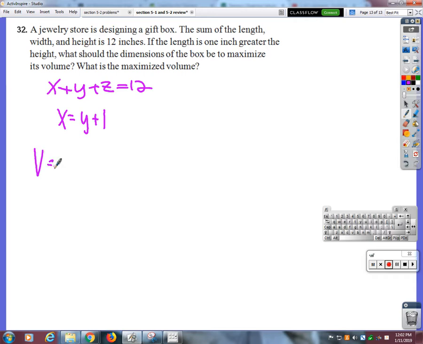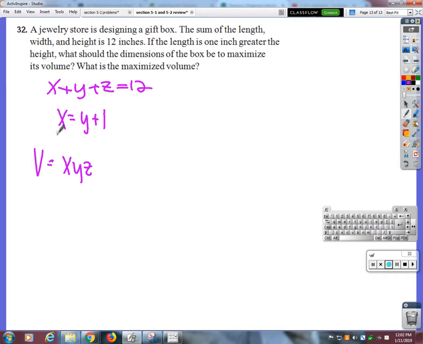What's the formula for the volume of a box? X times y times z, length times width times height. The problem is, for us to graph this and find the maximum, I can only have one variable, okay?